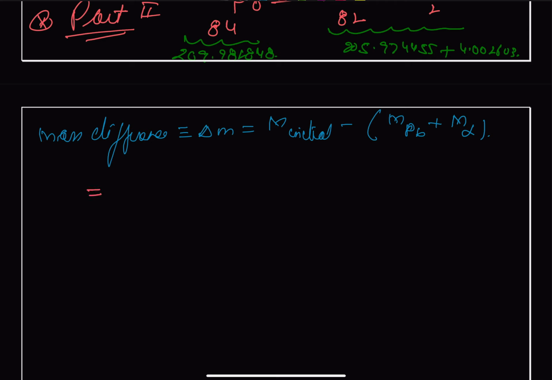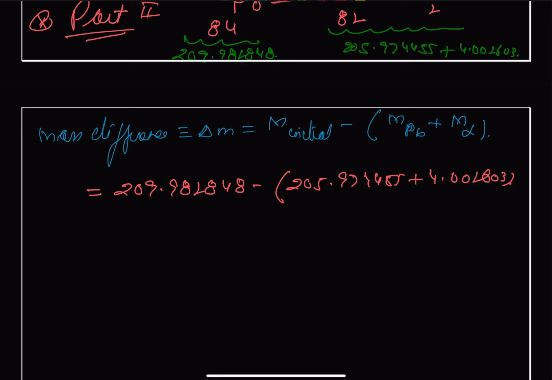M initial is 209.982848 minus 205.974455 plus 4.002603. So we get this mass difference delta M equal to 0.005790 AMU.